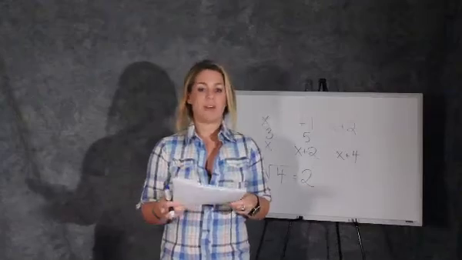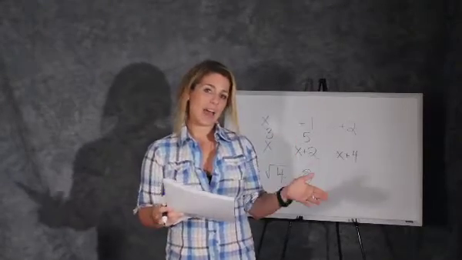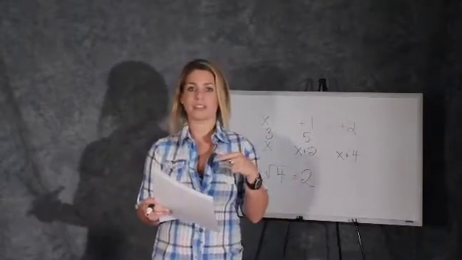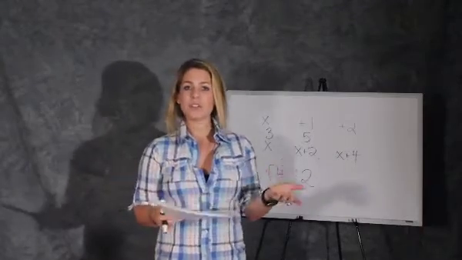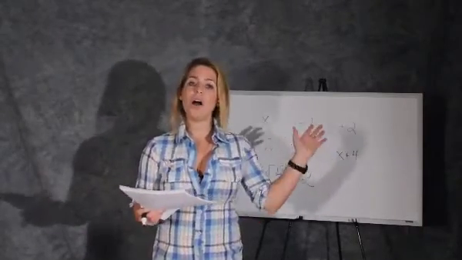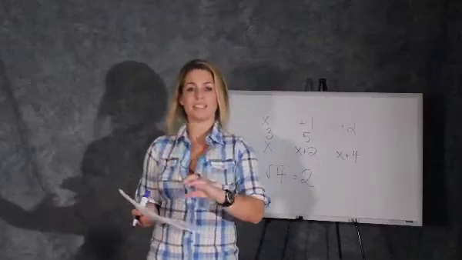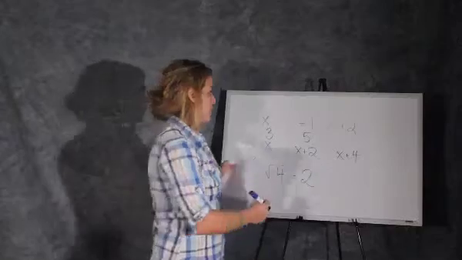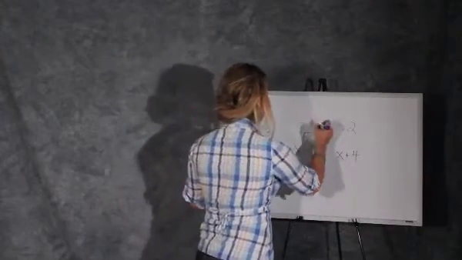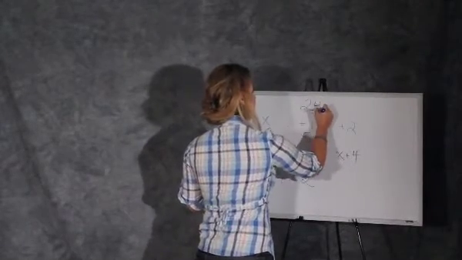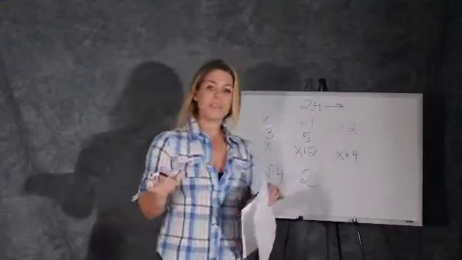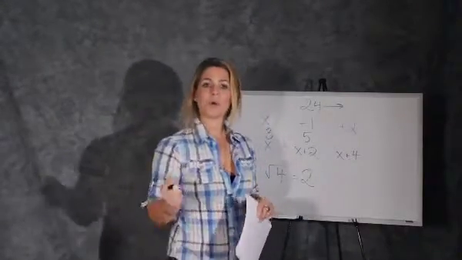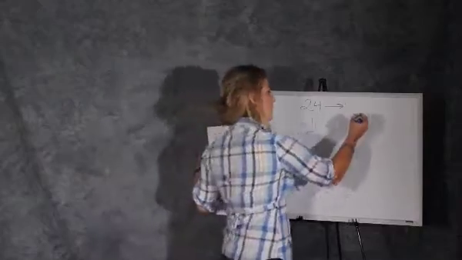Then another concept that you want to remember is a factor versus a prime factor. The factors of a number are just all of the other numbers that multiply to give us that number. So for example, if we have the number 24 and we want to think of all of the numbers that multiply to give us 24, we have 1 and 24.